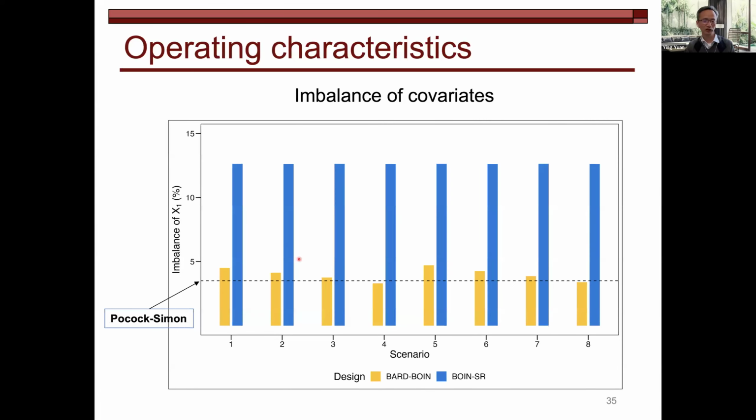So here shows the covariate imbalance comparison, the imbalance of the first covariate X1. And you can see, surprisingly, the BARD actually has much better covariate balance than simple randomization. This vertical line indicates the pure post-hoc assignment.